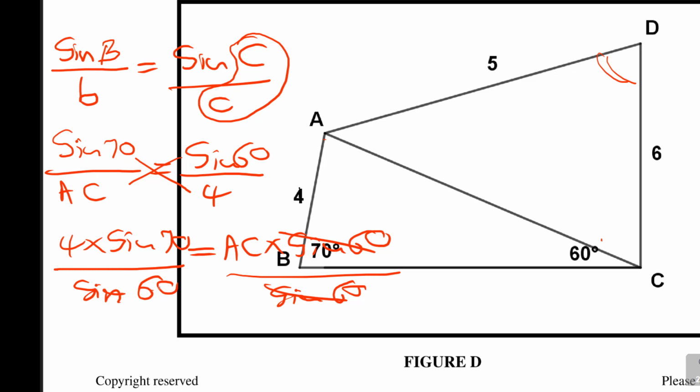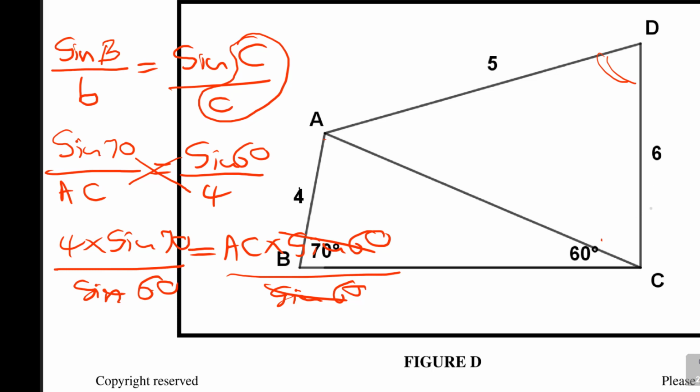So it's just algebra. What do you get there? 4 times sine 70 over sine 60. What do we have? I've got a syntax error.